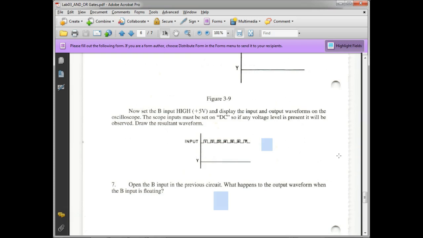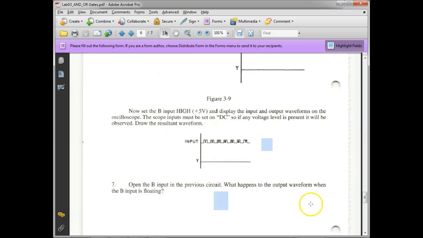High. So what should we expect? If I connect the B input high and put a clock input on the A input, what should we expect the output to do? It's going to be high all the time, and this is what they're showing you about enable and disable, right? You understand?